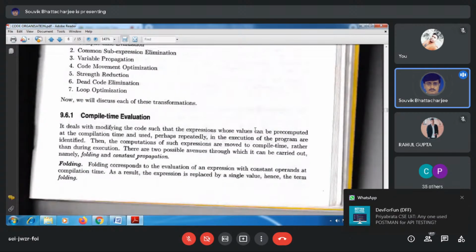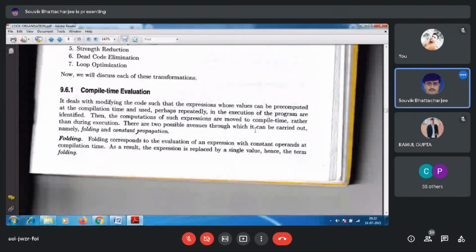First one, compile time evaluation. It deals with modifying the code such that the expressions whose values can be pre-computed at compilation time and used perhaps repeatedly in the execution of the program are identified.